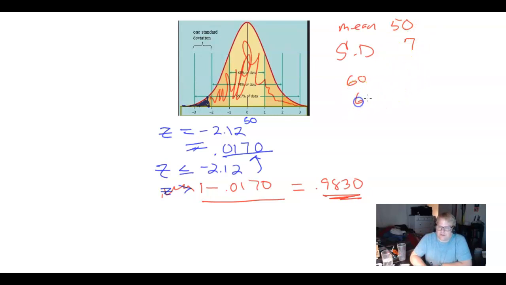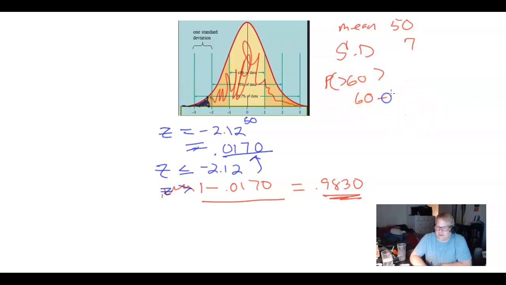The question will say, what's the probability of the score being greater than 60?